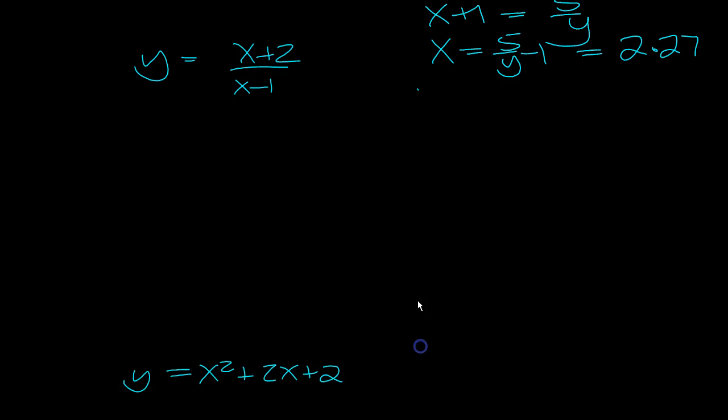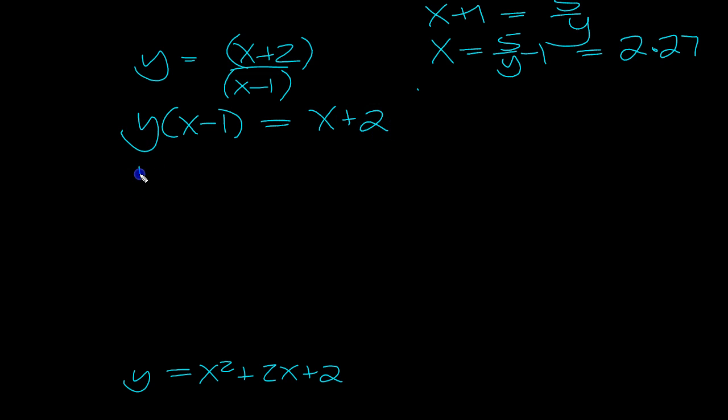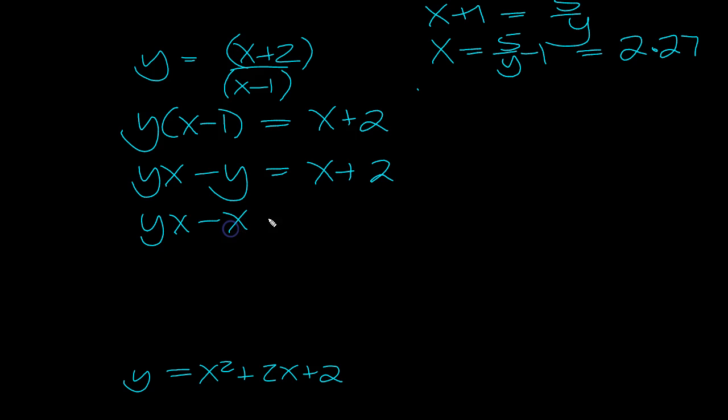So let's do these last few then, which are slightly less trivial, slightly more awkward in other words. This is an object we're going to move around, so let's move the x minus 1 up to be with the y. It's x plus 2. Expand the bracket here, yx minus y then is equal to x plus 2. Move the x over, yx minus x is equal to the 2, leave that as is, and move the y to plus y.